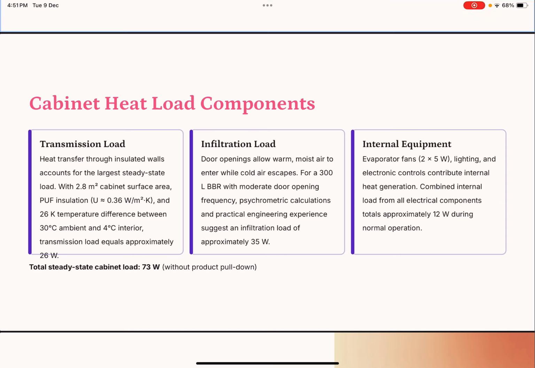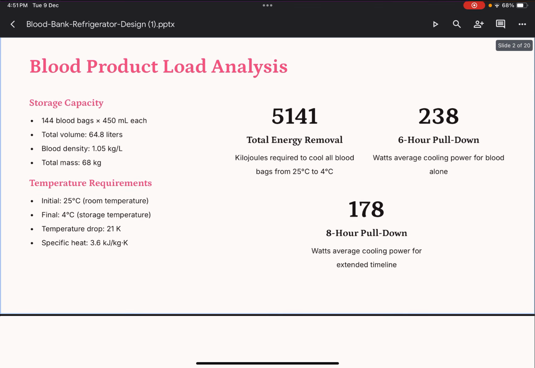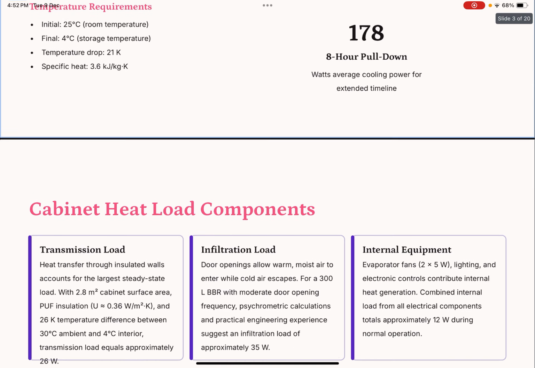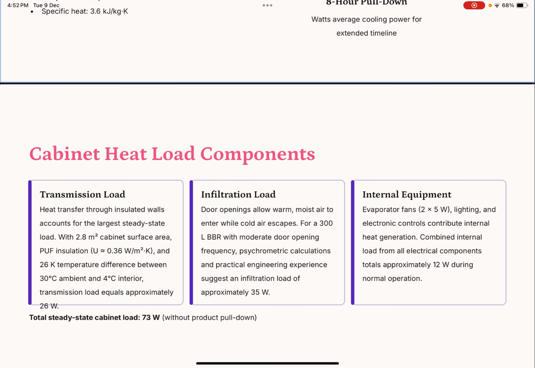Without pull down, though the steady state cabinet load appears to be less, which is 73 watts, we need to consider the pull down load, which is substantial, 238 if it's a 6-hour pull down, or 178 if it's an 8-hour pull down, and add to it the cabinet heat load to arrive at the correct load estimation. I hope you understand this.